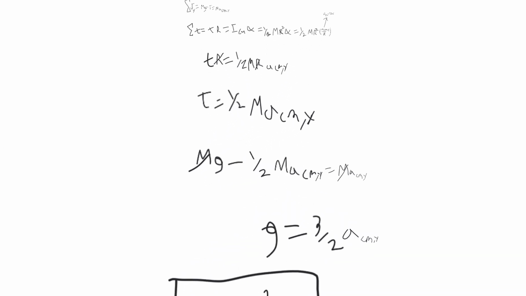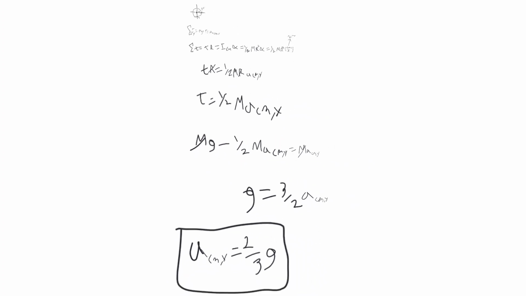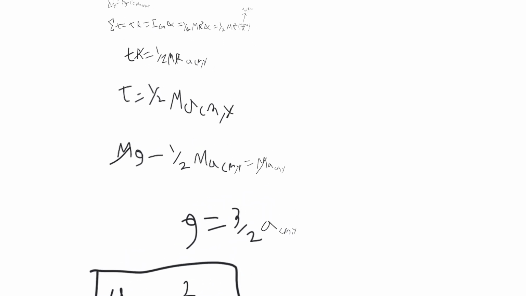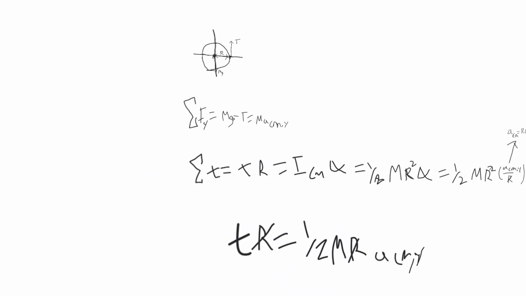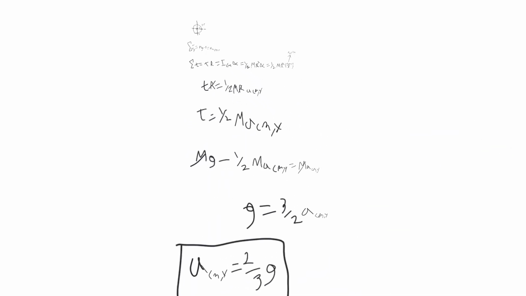So we have mg minus that expression, which we just substituted, and this is equal to m times the acceleration, as it says right here.